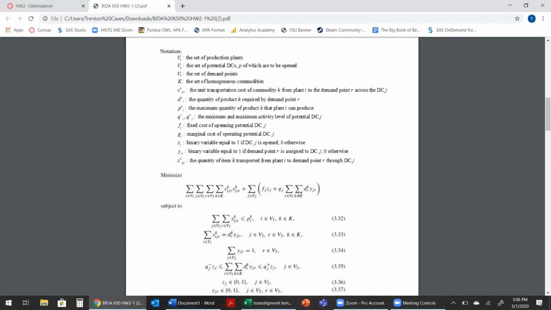So our total objective function is to minimize the unit transportation cost required to ship items from our plants to our retail outlets through our distribution centers, plus minimize the cost of opening and running those distribution centers.